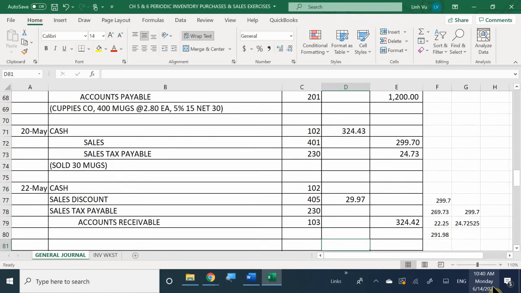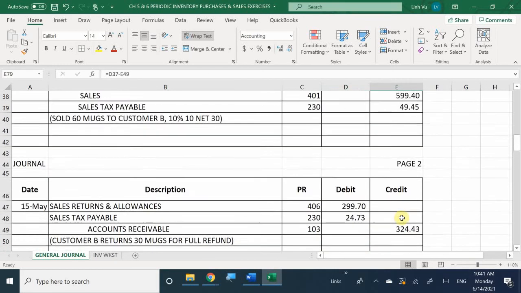I'm still off. Let me see. And that 324.42 hasn't been taxed yet, has it? No, that's including all the tax, because think about it.